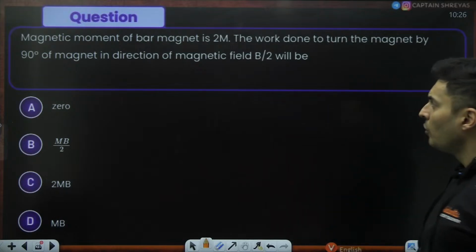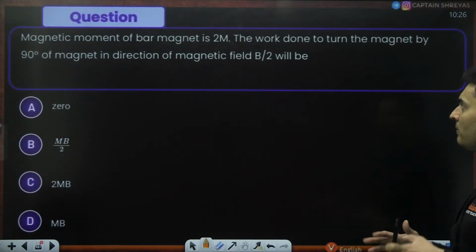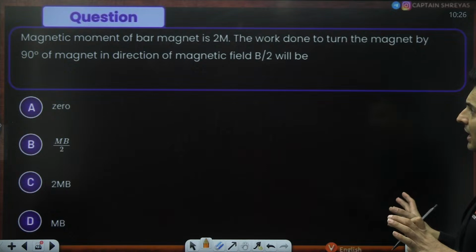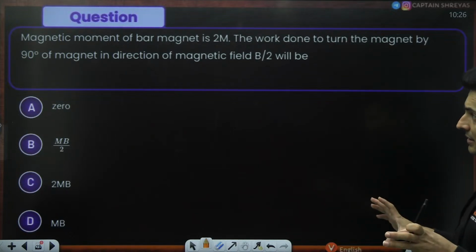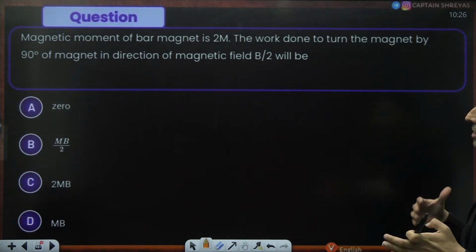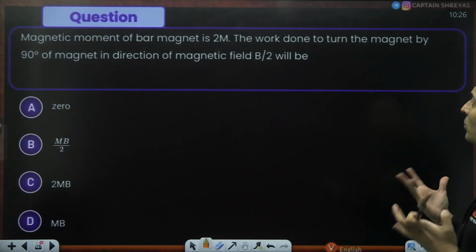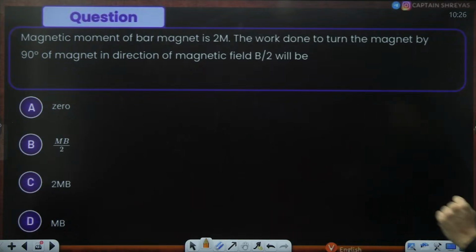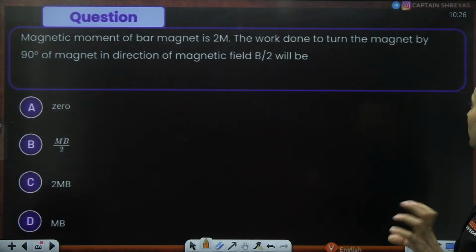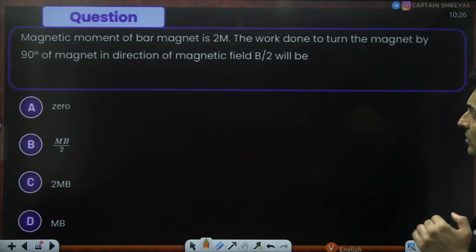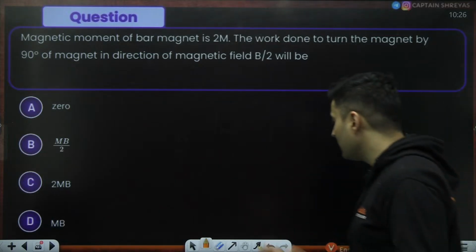The magnetic moment of a bar magnet is 2m. The work done to rotate the magnet by 90 degrees, from the direction of magnetic field B by 2, will be how much? So the magnetic moment is given, and the work done to turn the magnet by 90 degrees, which is already in the direction of the magnetic field, is how much?